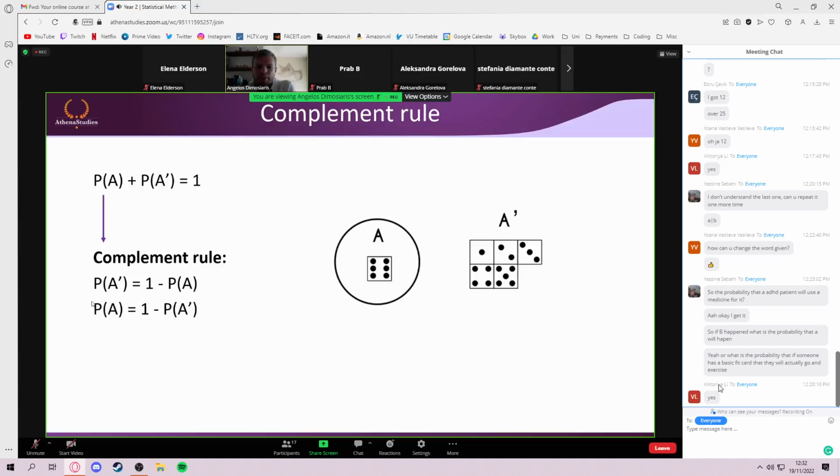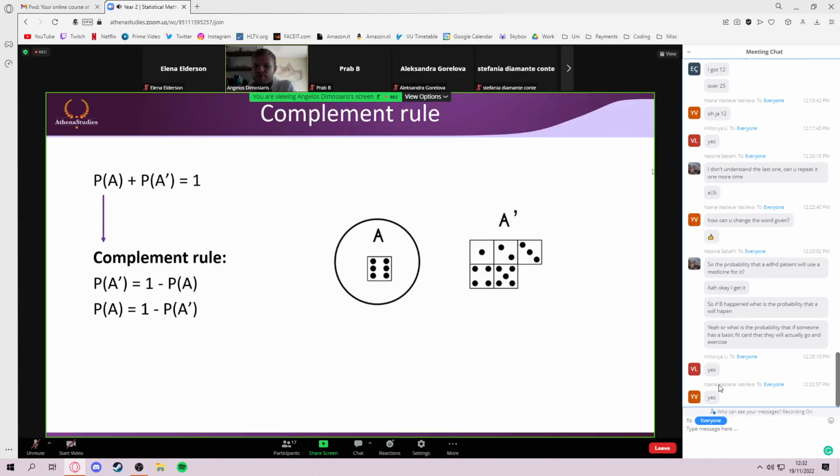And the probability for A to happen equals 1 minus the probability of the complement of A to happen. Make sense? Okay, perfect.